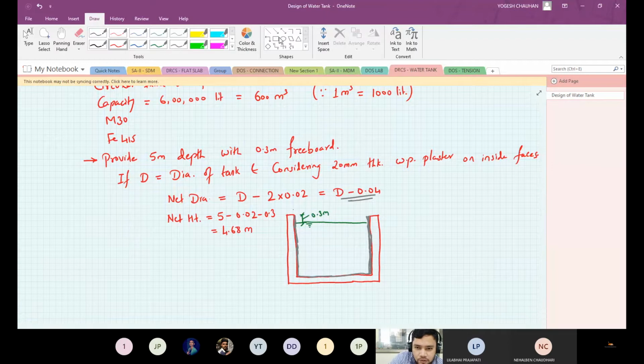So you can now equate the volume with the capacity.